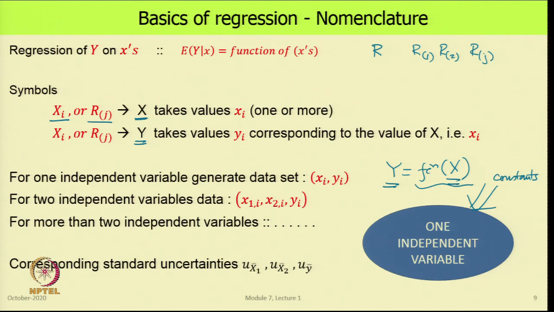And as we have seen in the earlier slide, x could take any of the values of xi. What we are saying is that x is one of the independent variables xi or a dependent variable of the experiment, which is like we set some value, say the heater power, and measured the temperature.